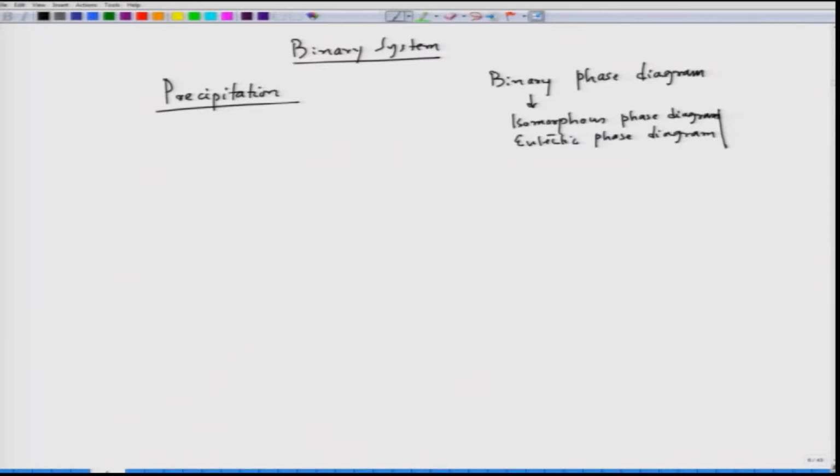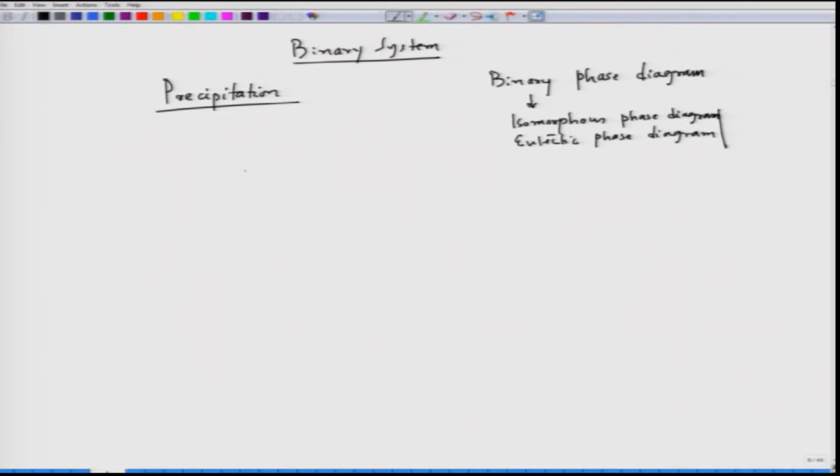These two phase diagrams have been derived, and we had to do the derivation in order to have some idea how precipitation is taken care of, mainly the overall transformation kinetics in case of precipitation.